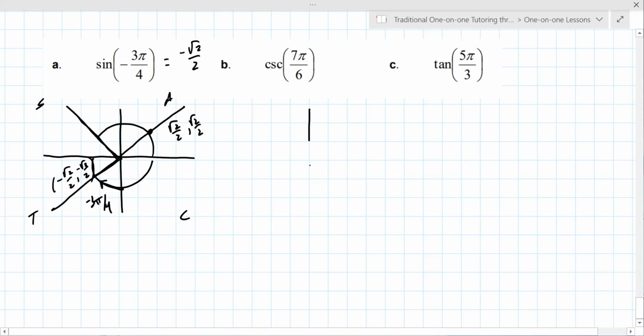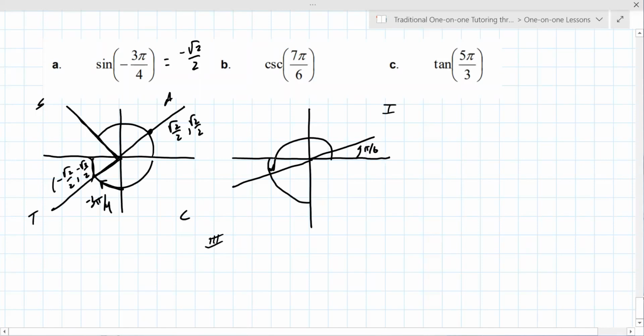So the 7 pi over 6, you've got to know where that is. You might know that pi over 6 is right there. So 7 pi over 6 is going to be right there. Between the first and the third quadrant, there's a lot that's similar. So notice you're further out on the x, meaning it's not a half.